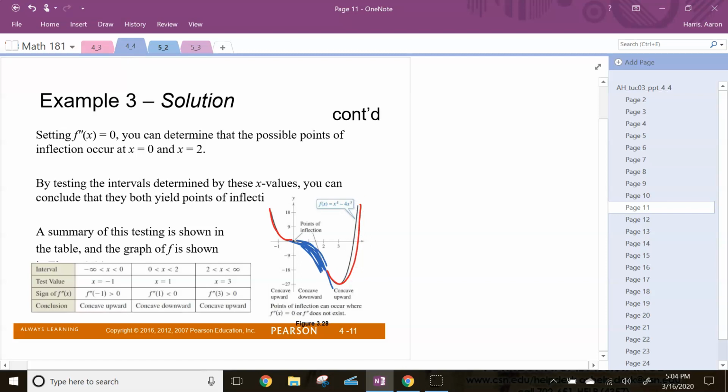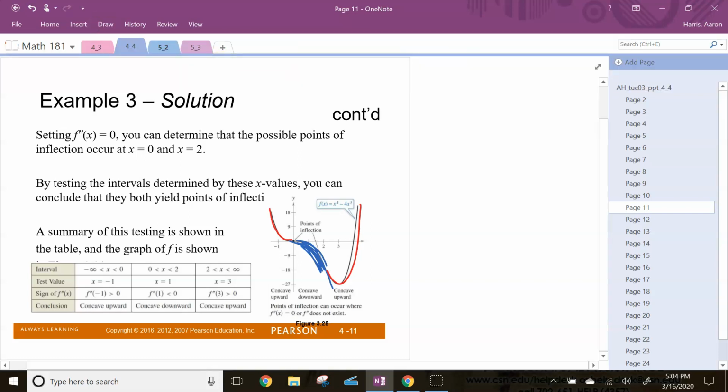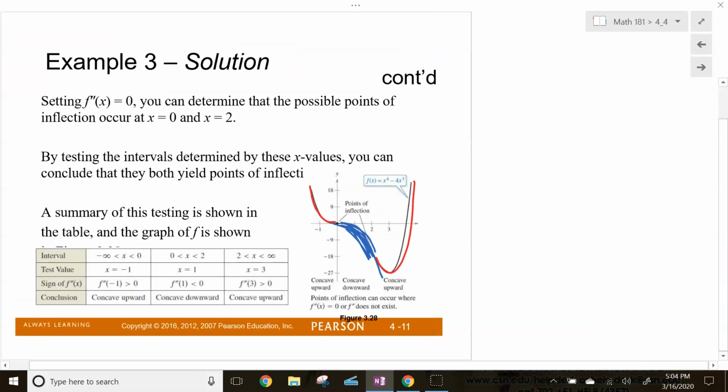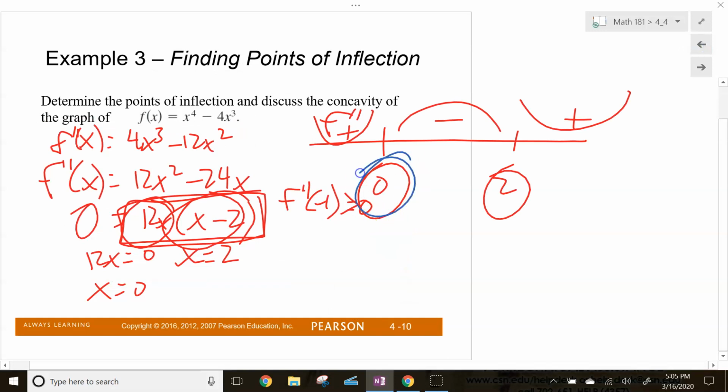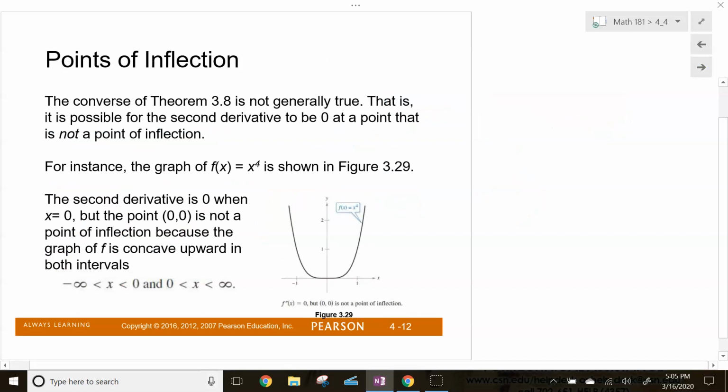So that's the concavity discussion there. And our points of inflection would be when we change concavity, we switch from concave up to concave down. So that's a point of inflection. Switch concave down to concave up, point of inflection again at x equals 2. So you got a couple points of inflection on that one.